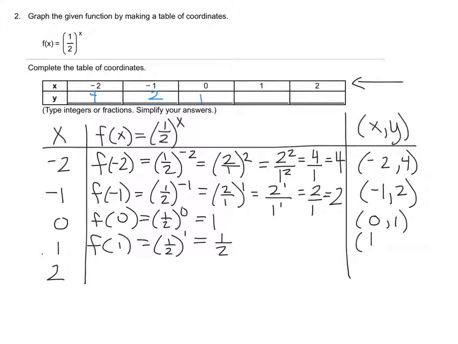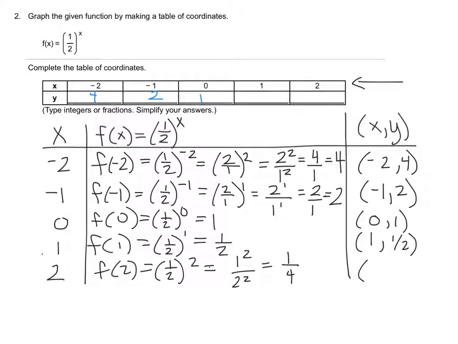So our next ordered pair is 1, 1/2. And then f of 2 is 1/2 squared, which is 1 squared over 2 squared, and that gives us 1/4. So our last ordered pair is 2 and 1/4.